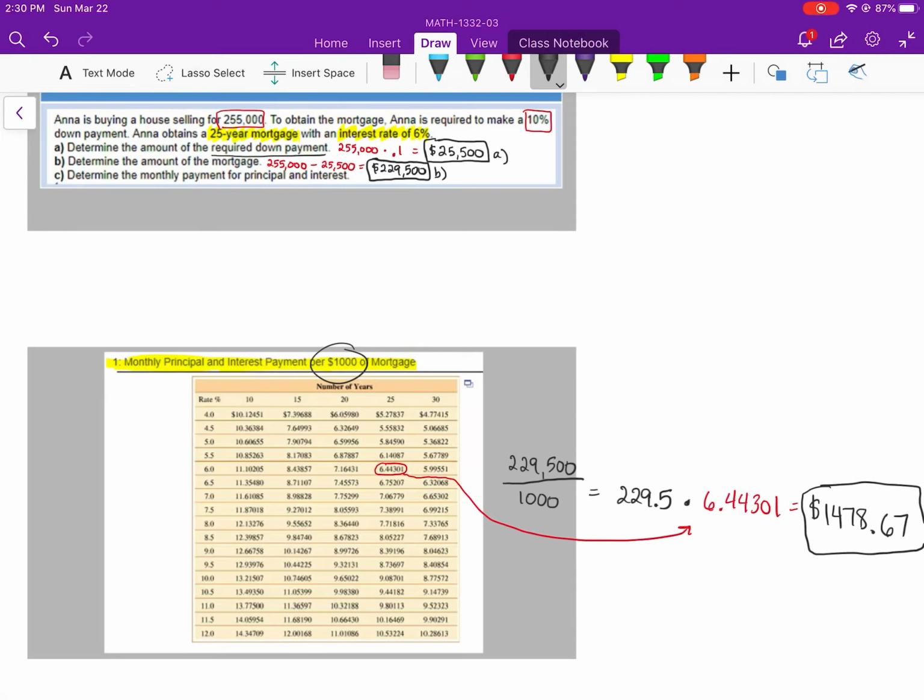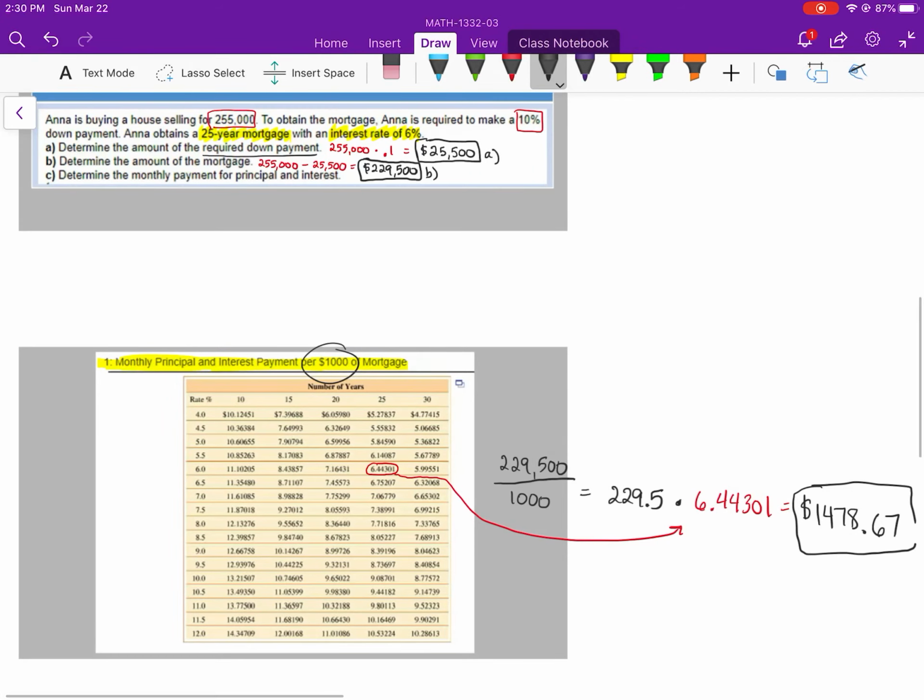So this is what her payment's going to be, the monthly payment for this house for principal and interest, because your monthly payment will include what you're paying on principal and what you're paying on interest as well. So this is letter choice C down here.